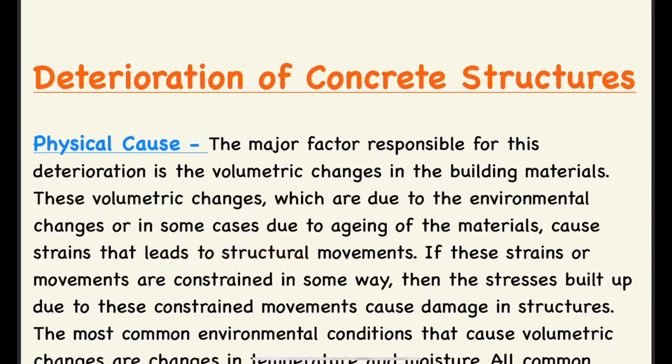So what is happening here? Why are these volumetric changes there in building material? They are because of environmental changes or in some cases due to aging of the material. So first is environmental factor, second is aging of the material.